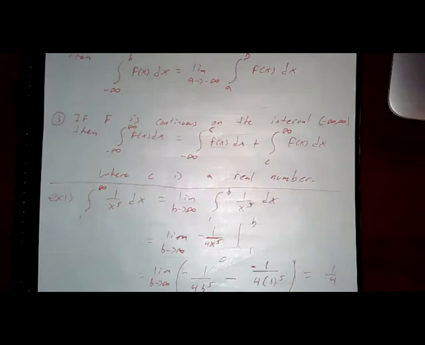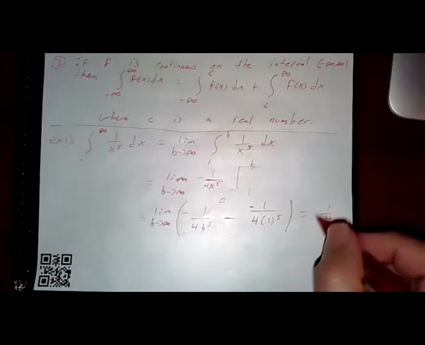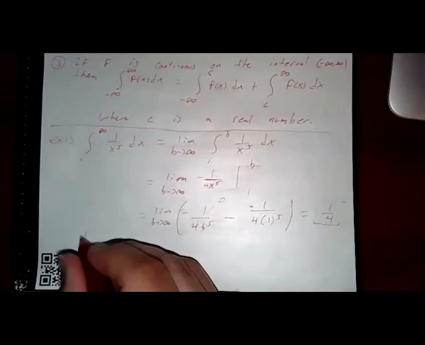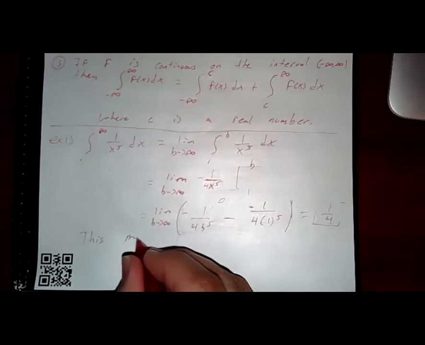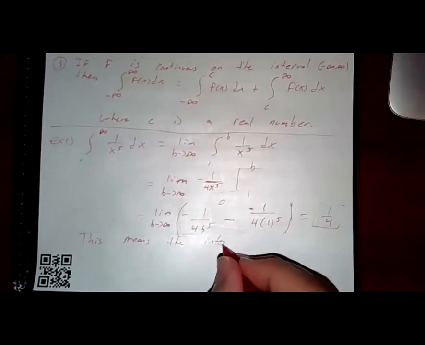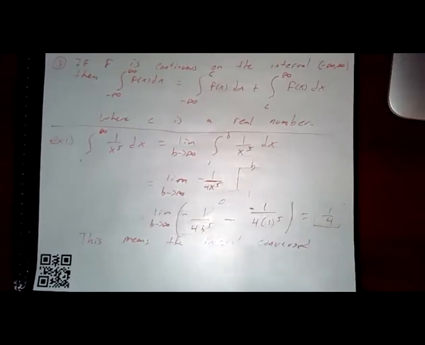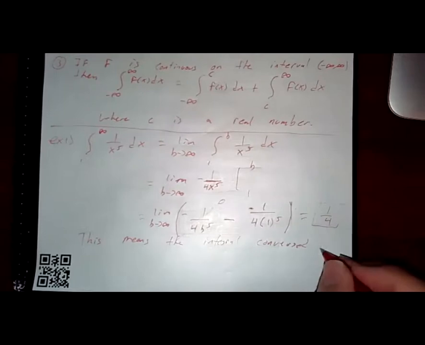All right, so when you find a finite number like this, this means the integral converged to this.